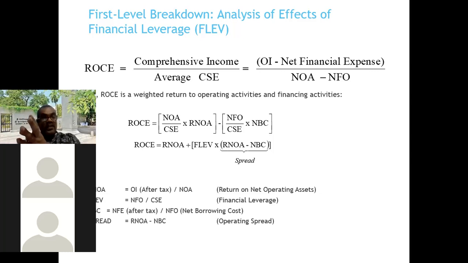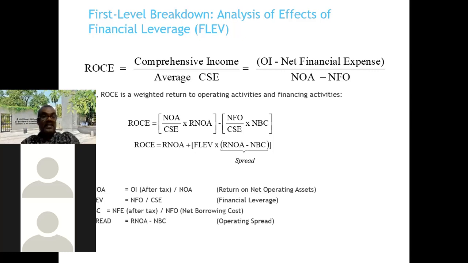So these should have been financed. Of course, if we have borrowed some money, the value of net operating assets should be equivalent to equity plus borrowing, net financial obligation. So that is the thing.